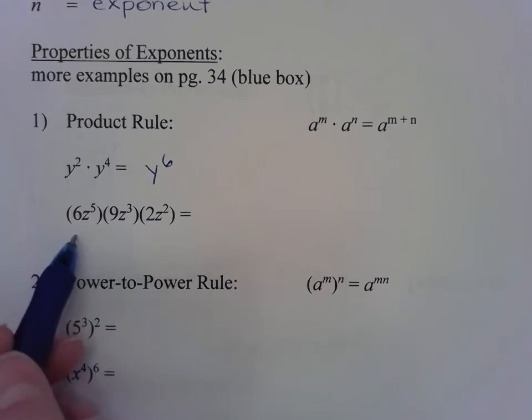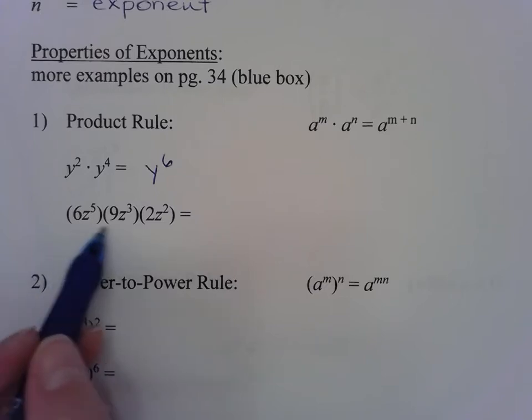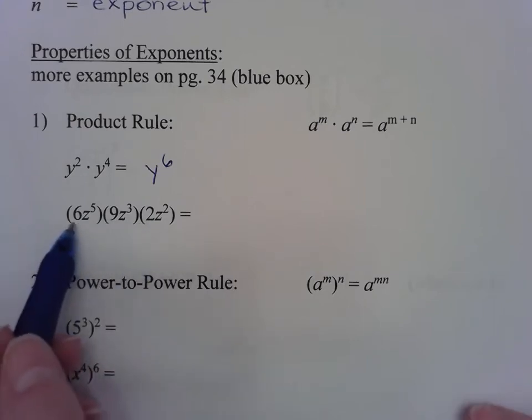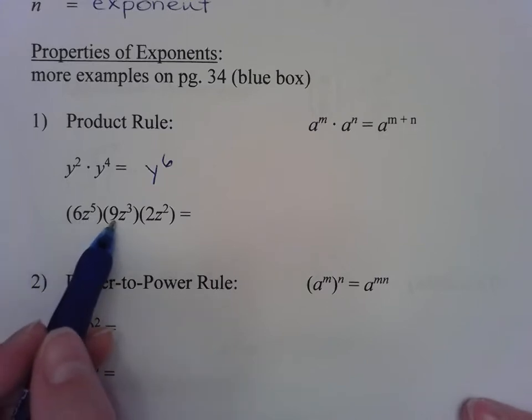How about this example? Feel free to pause the video if you want and take a try at it on your own. When we do something like this, we would multiply the numbers and then we would multiply the variables and kind of keep them separate. So 6 times 9 would be 54.